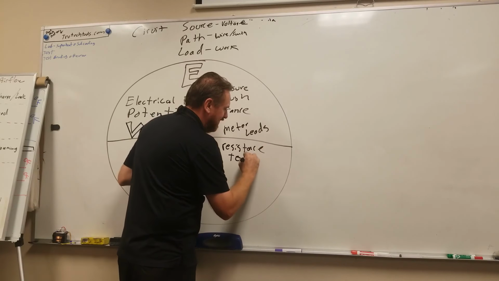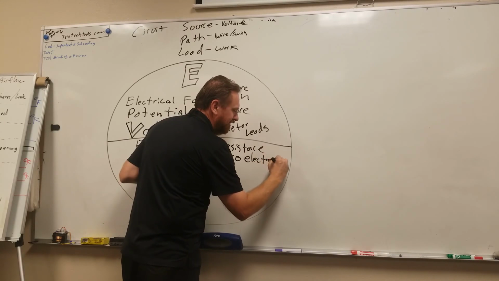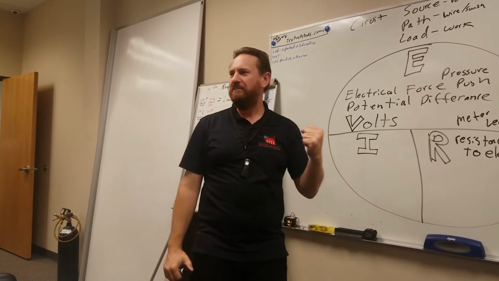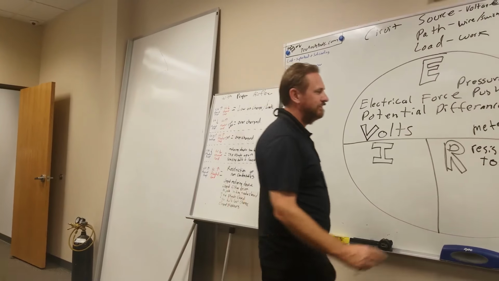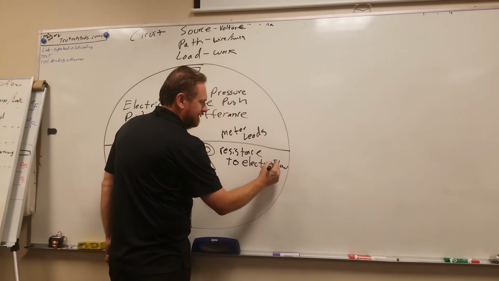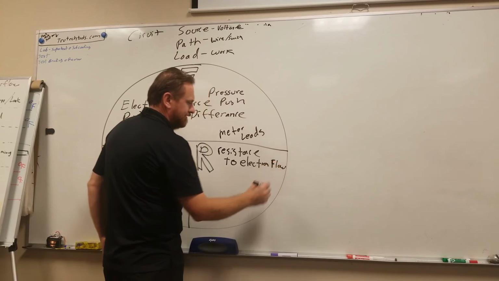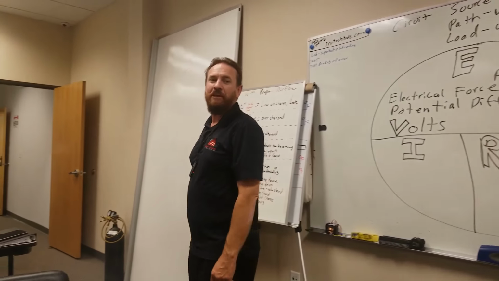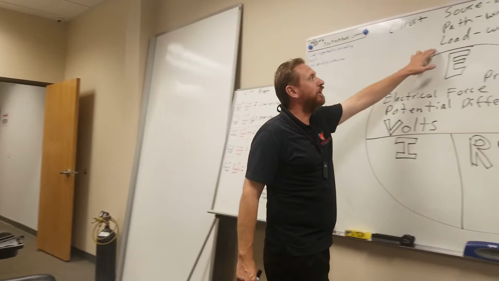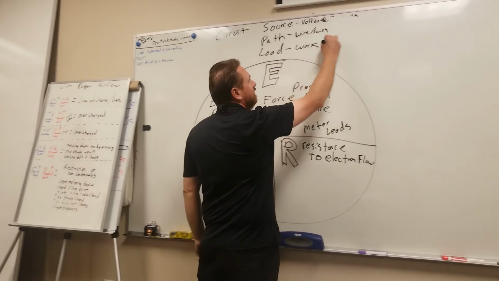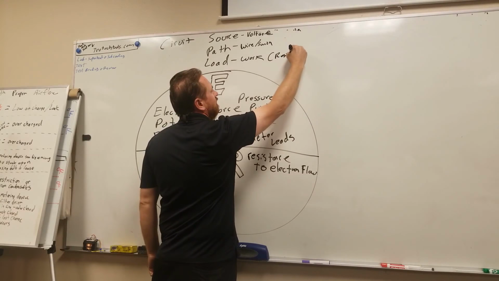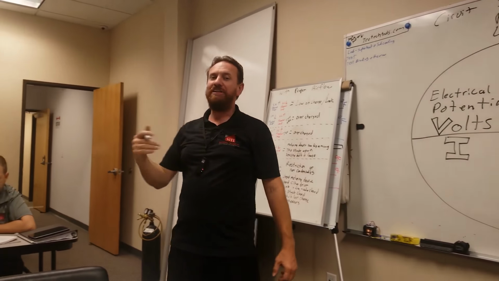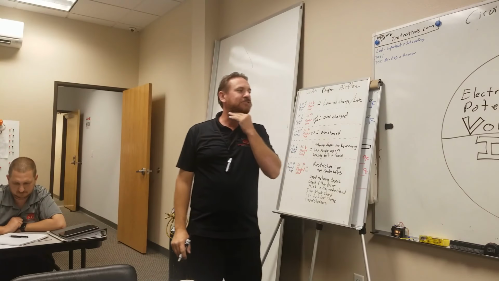Resistance to electron flow. So R stands for the resistance to electron flow. Our loads are going to have some kind of resistance because it's slowing down the flows. It's going to do work. So resistance to electron flow.